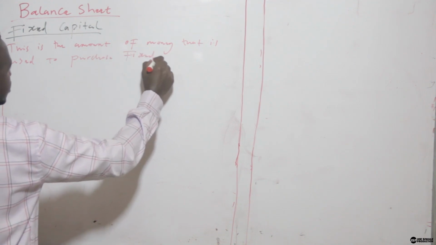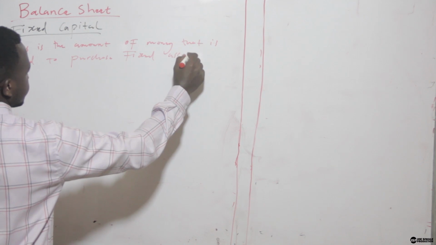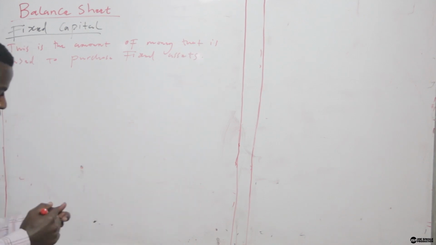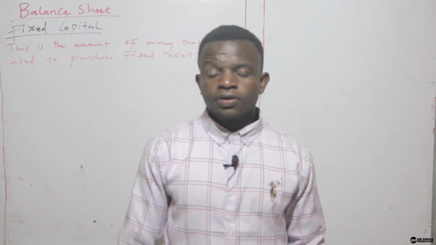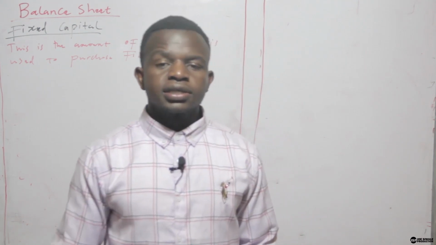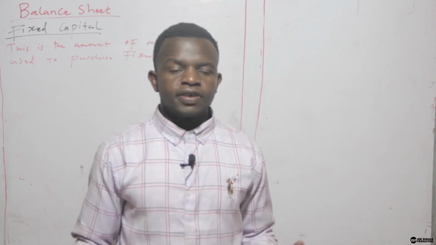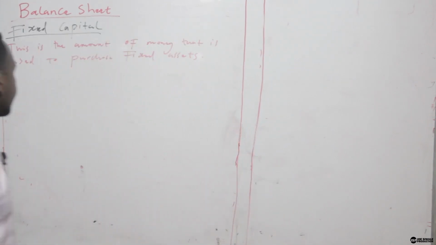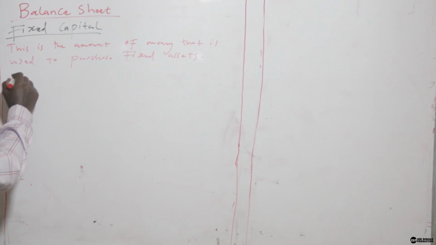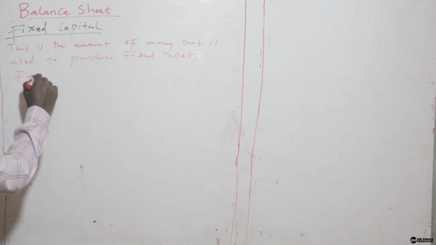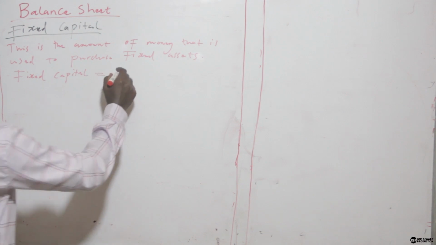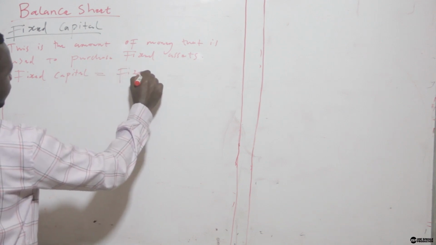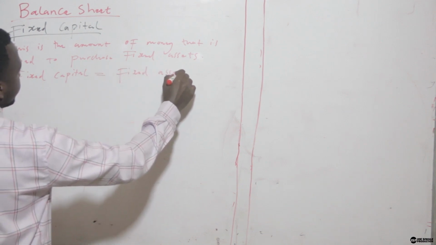And examples of fixed assets, we are having plant and machinery, building, land, motor vehicle, we are also having furniture. So that's fixed capital. And for the fixed capital there, we can say fixed capital is equal to fixed assets. So that's the formula.